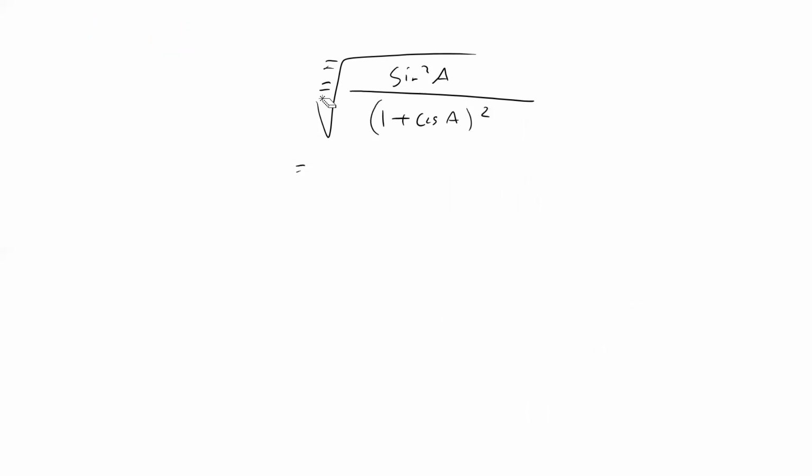Hey, aren't both those perfect squares? Yeah, they're perfect squares, okay. So how about this becomes sine A, because now it gets out of the radical. This just becomes this. That's cool. That's a lot more simple.